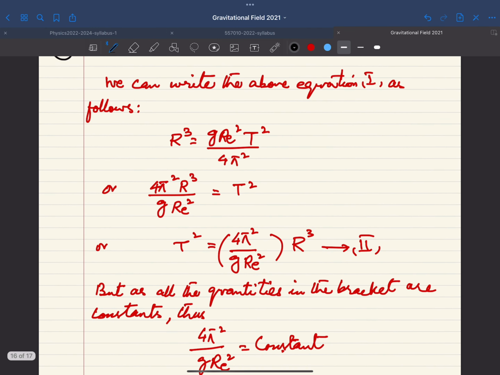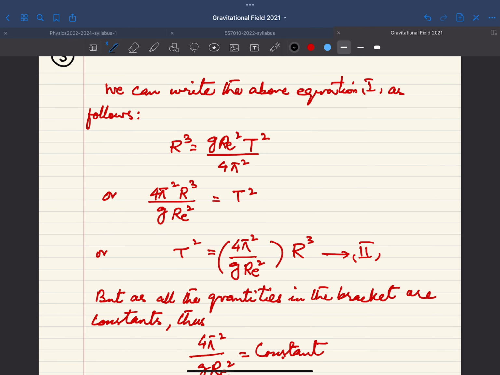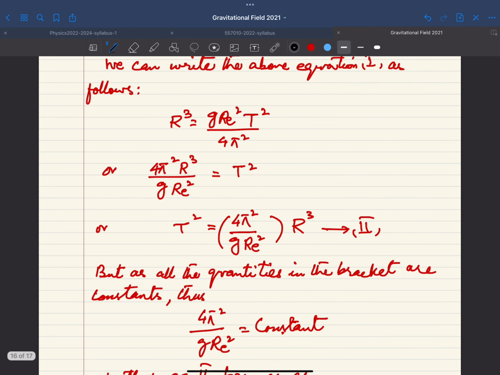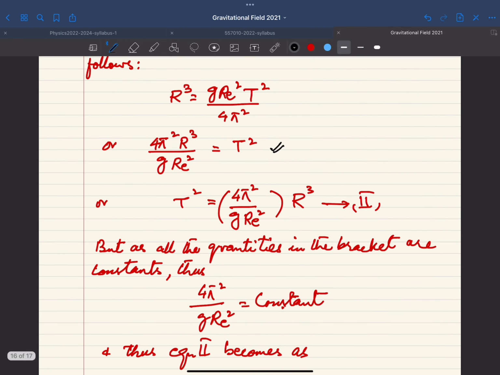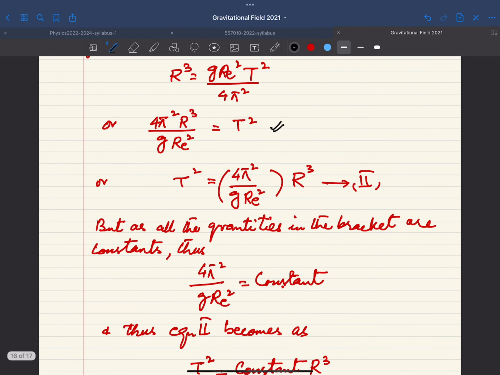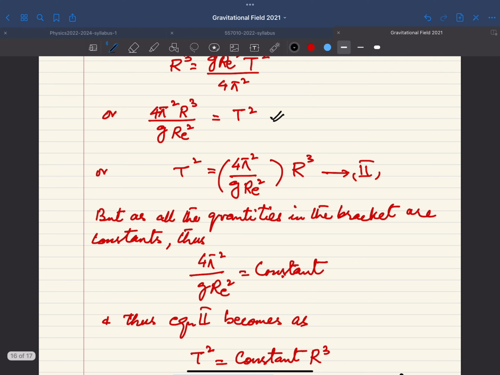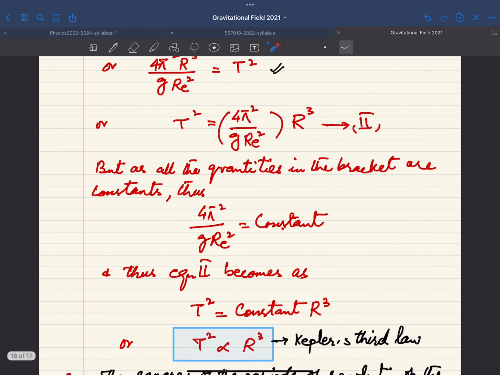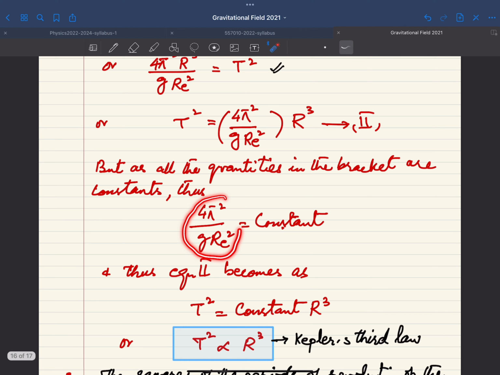So if you write this equation again, if you want to make the time the subject, you have T square is equal to 4 pi square over g RE square, times R cube. So simply you can say that all these things are constant. Of course, if you consider the sun, then this will be the radius of the sun.